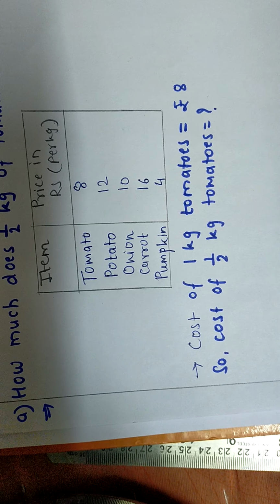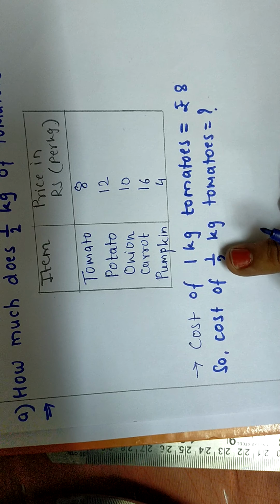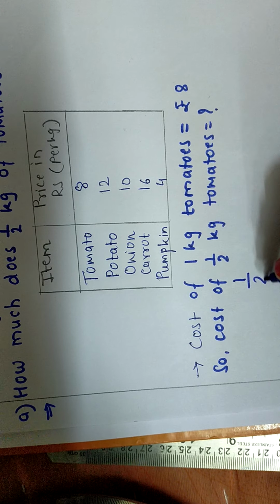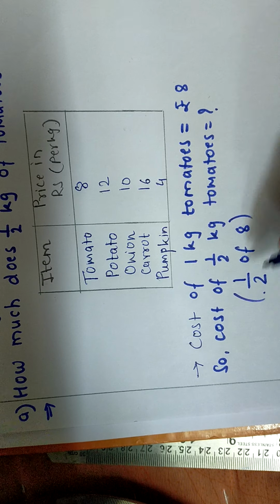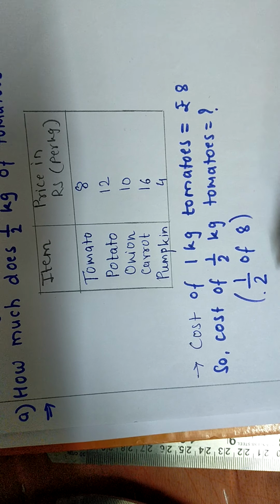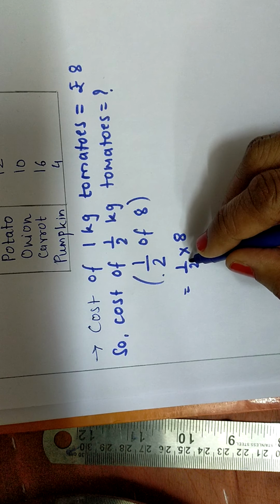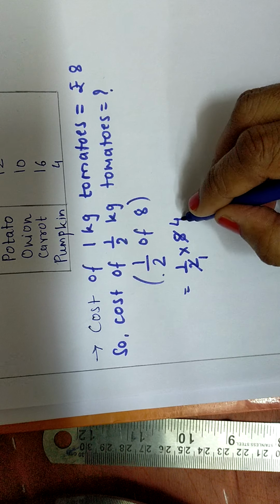So what do you have to find out? You have to find out half of 8. 1 kg is 8 rupees, so for half kg how many rupees? You can write half multiplied by 8, right? When you multiply half by 8, what do you get? 2 ones are 2, 2 fours are 8.